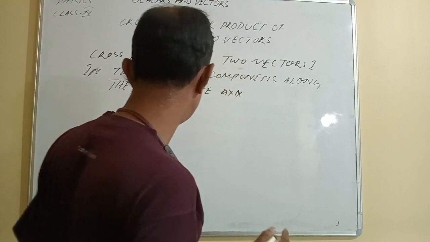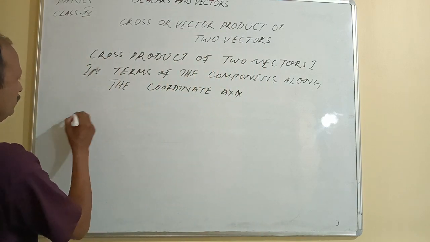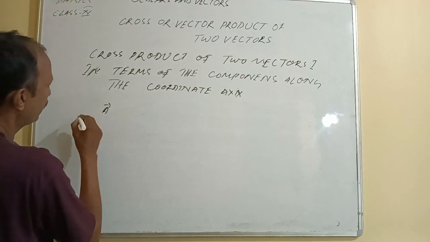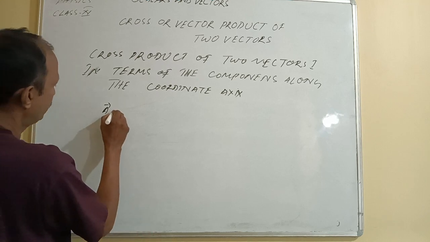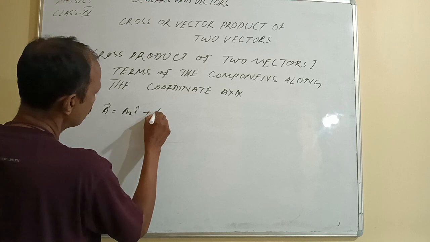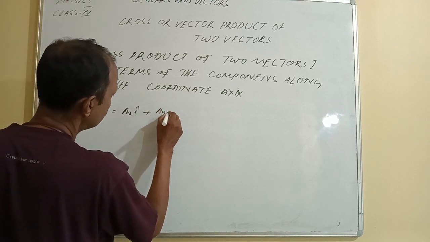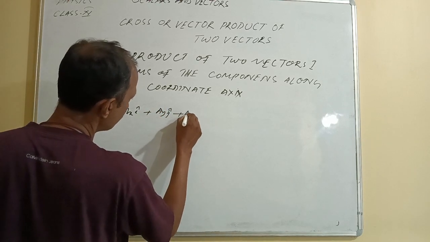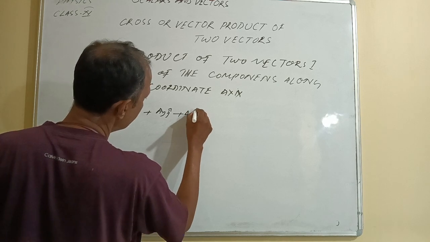Let us see. Suppose vector A, I can write it as Ax I cap plus Ay J cap plus Az K cap.